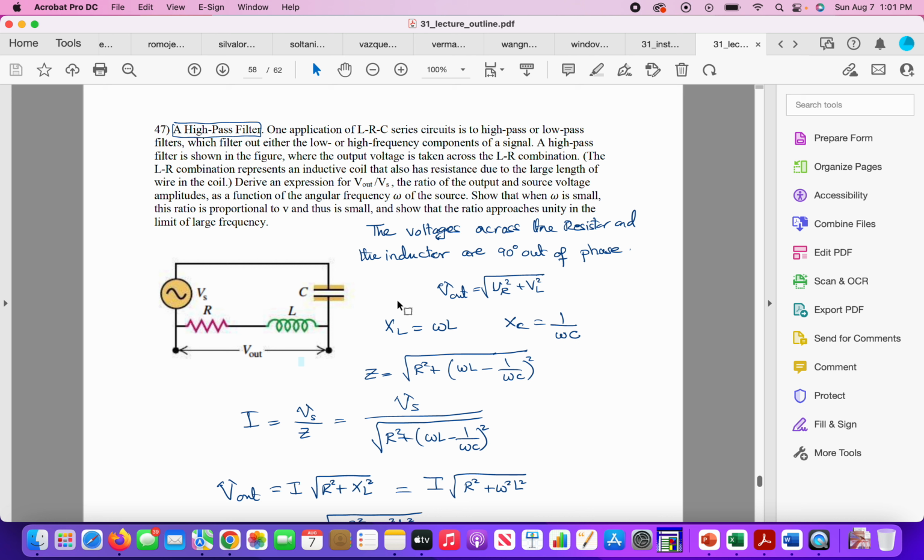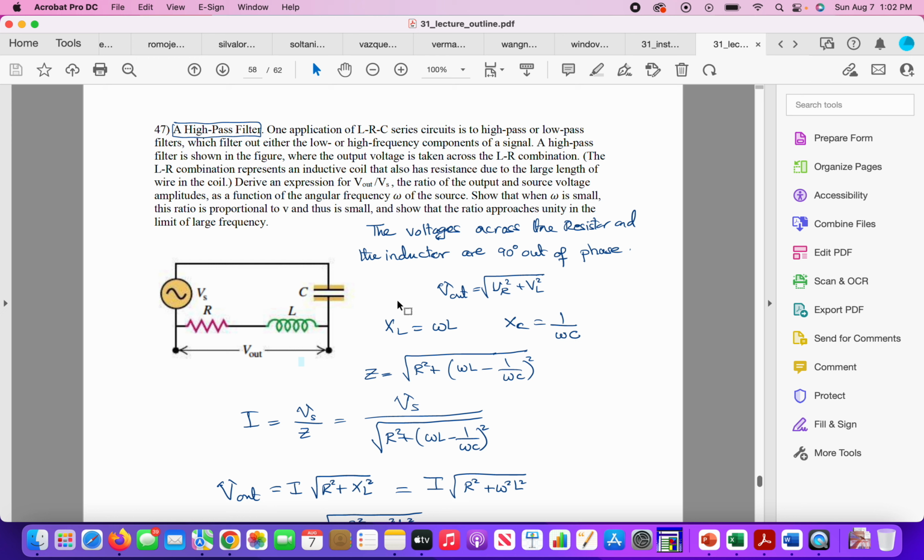During the lecture, I talked a little bit about filters, and I said we would have something in the problem solving. Here I have a high pass filter, which, as an engineer, you will work with. One application of LRC circuits is to have high pass or low pass filters, which filter out either the low or high frequency components of a signal.